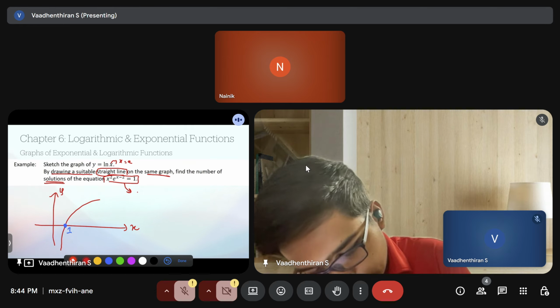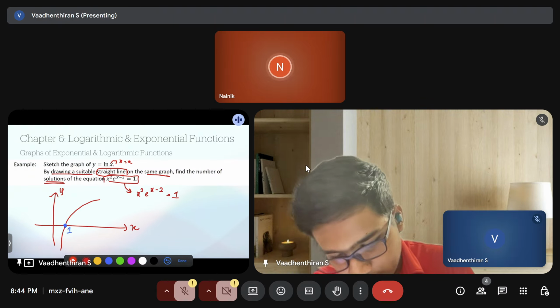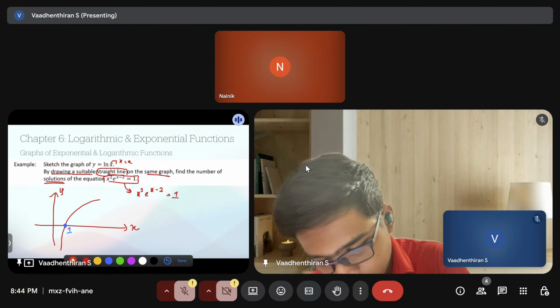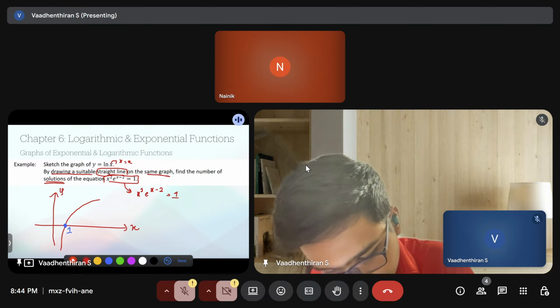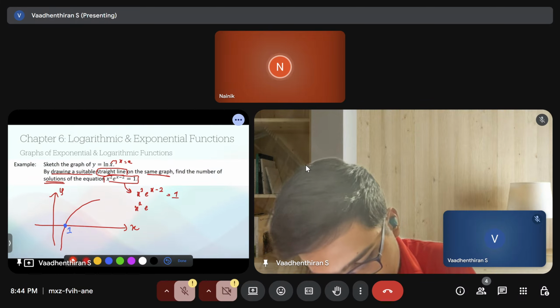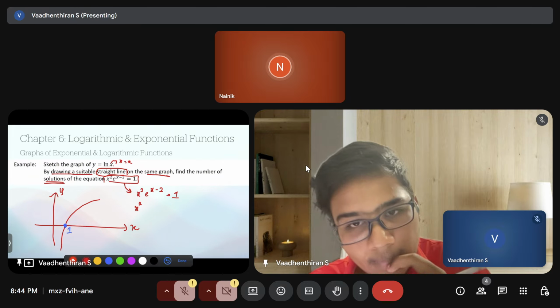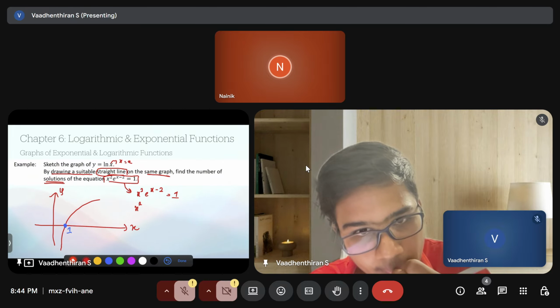So x squared e to the x minus 2 is equal to 1, right? So 1 is equal to ln e, because at y equals 1, x is going to be e.